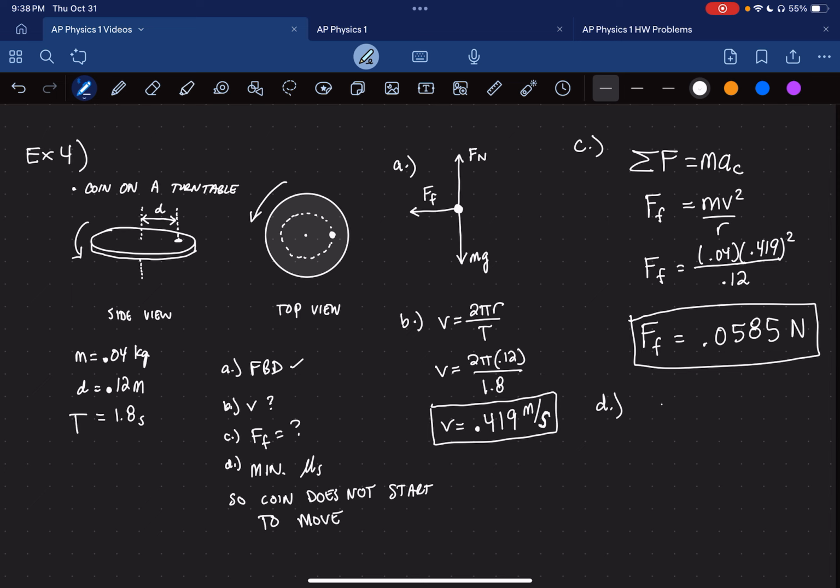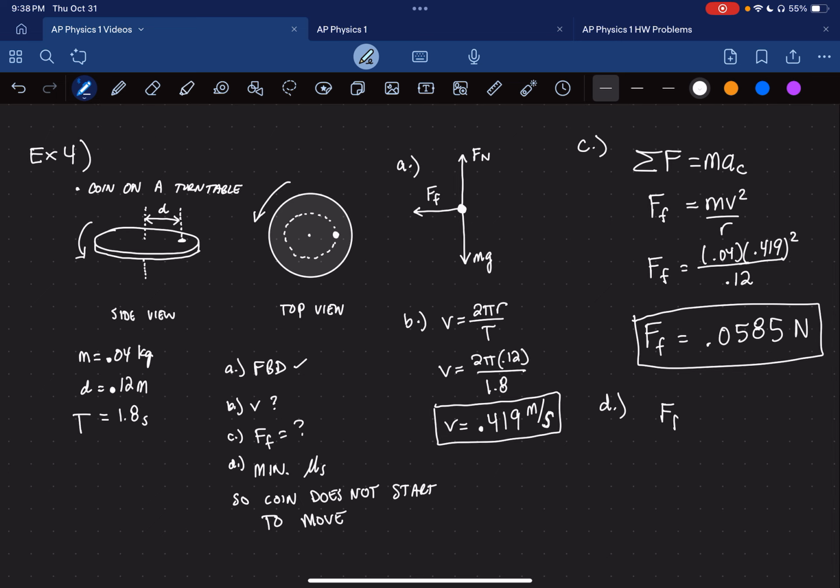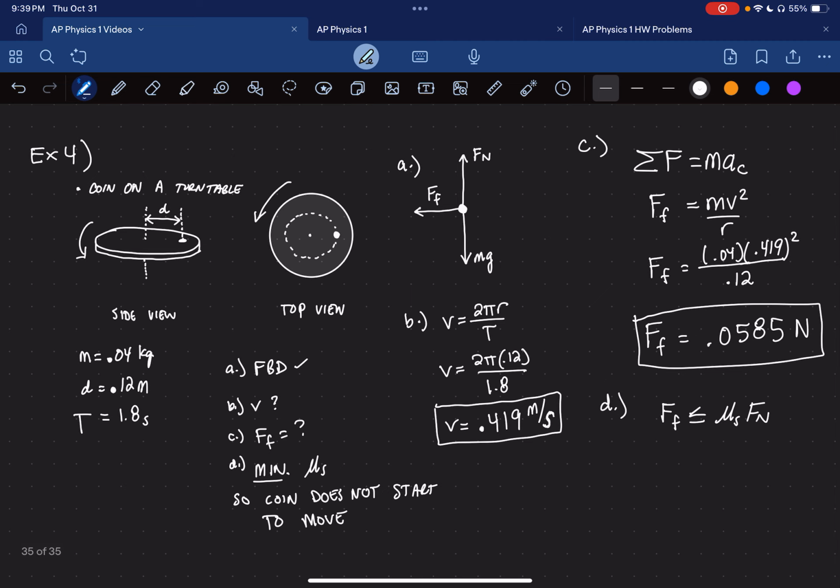We know our equation for static friction is less than or equal to mu sub s Fn. And because this is a minimum type of question, we can get away with an equal sign here and times Fn. The normal force, as we can tell by the free body diagram, is equal to mg.